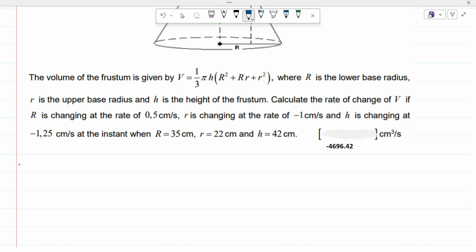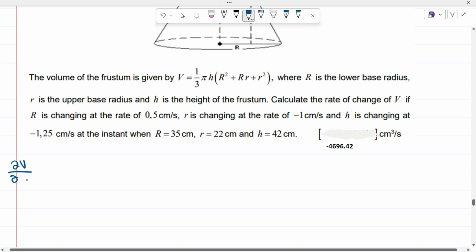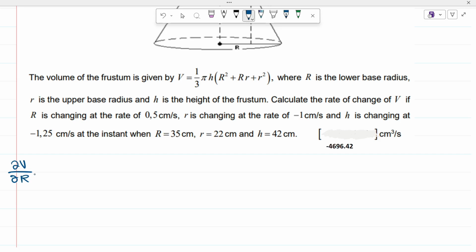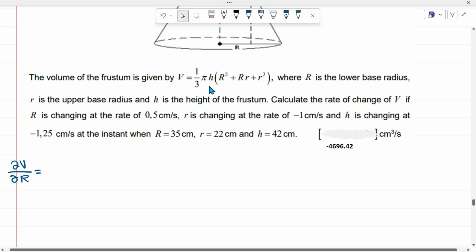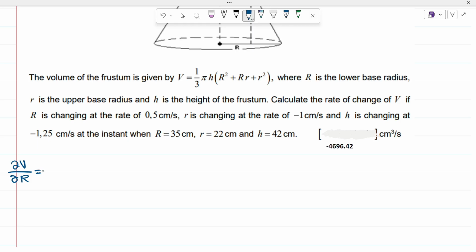So now we are going to differentiate partially, so the partial derivative of V with respect to, let's start with, the one of caps R. If we're differentiating partially with respect to R, h and small r are constants. So we're going to get 1 over 3 pi h multiplied by 2R plus small r.